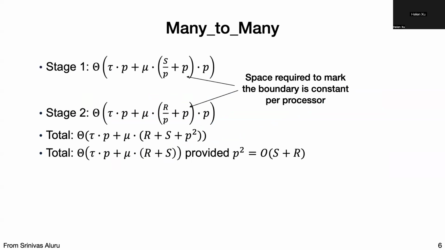So the message size becomes very slightly bigger, plus P, because you need one boundary for every process, since you're cutting every piece destined for everybody into evenly sized pieces on P. So you have constant space to mark the boundary of every data for every processor. When you multiply this by P again, you get plus P squared, which still comes out to the same thing if P squared is much less than S plus R.